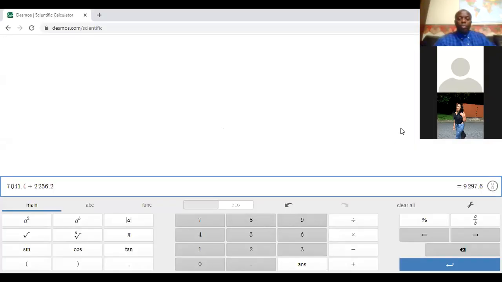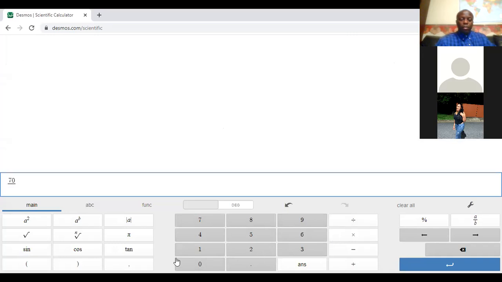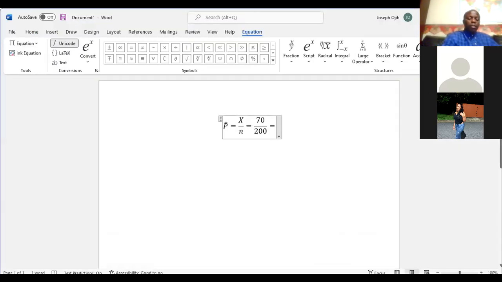Let me clear this: 70 divided by 200 gives 0.35. So p hat is 0.35.